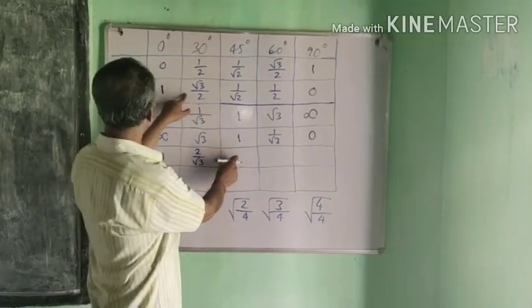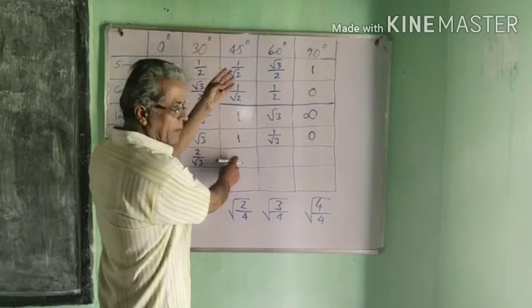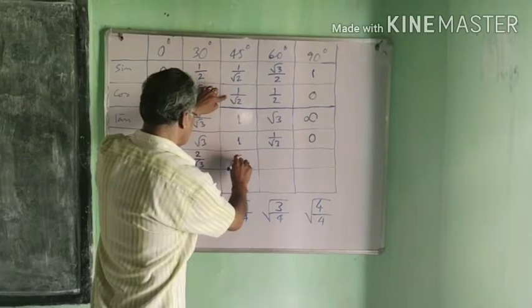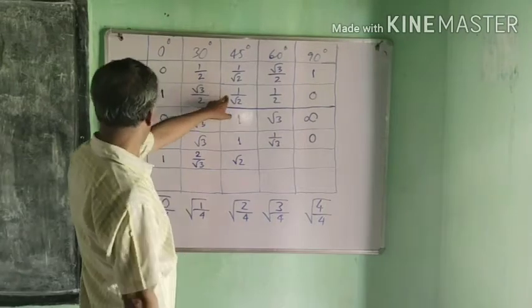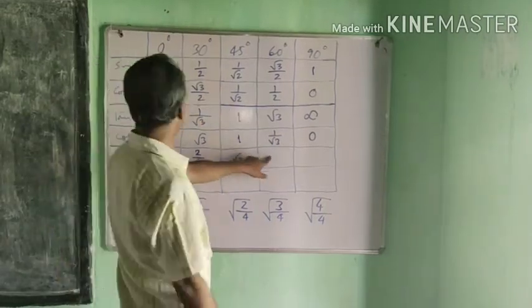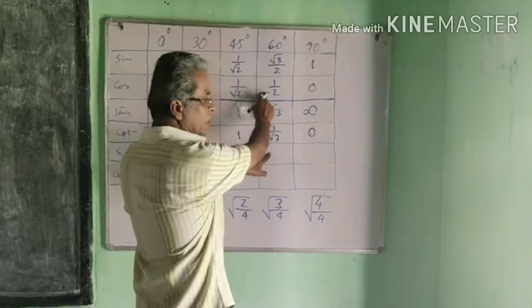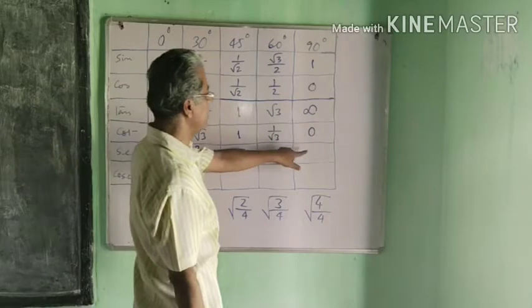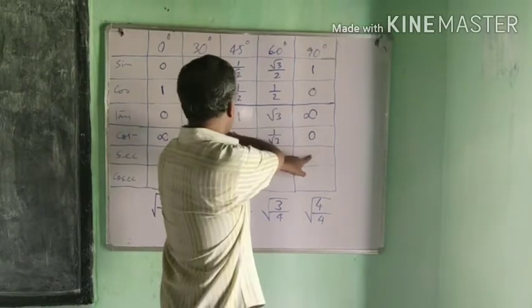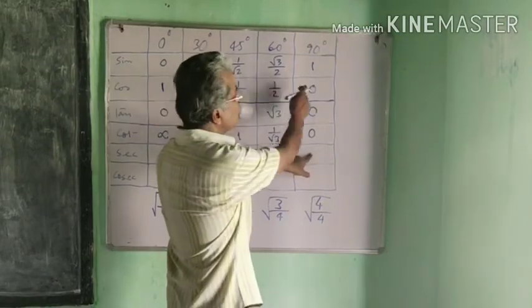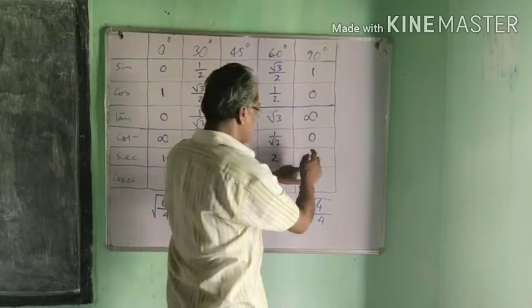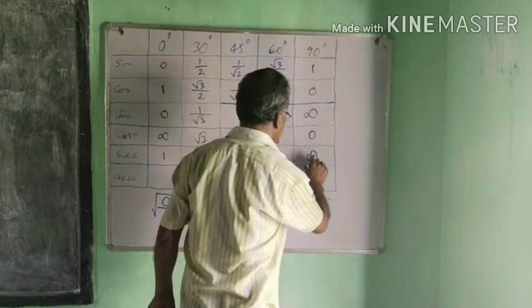Sec 45 degree is 1 by cos 45 degree, that is reciprocal of 1 by root 2, which is root 2. Then sec 60 degree is 1 by cos 60 degree, that is reciprocal of half, which is 2. Then sec 90 degree is 1 by cos 90 degree, that is 1 divided by 0. 1 divided by 0 is again meaningless, so we write this one again.